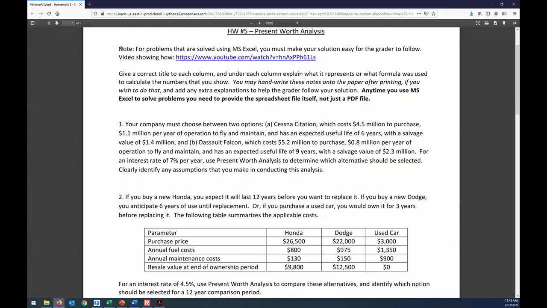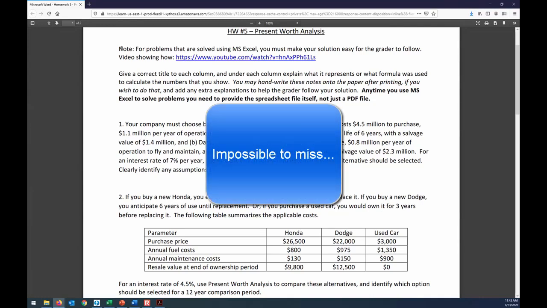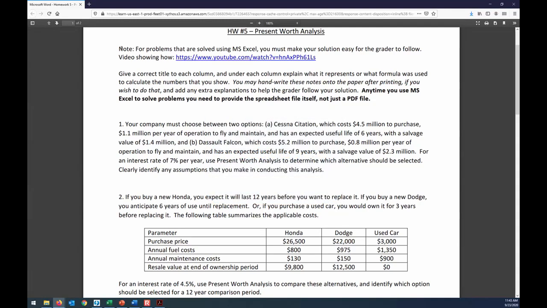I said in a previous class that it's not the grader's responsibility to go in and hunt for the right answer in your spreadsheet. It's your responsibility to make the right answer impossible to miss. Make it bold, highlight it in yellow, underline it, put a box around it, make your answer to the question really stand out from the rest of the calculations in the spreadsheet.